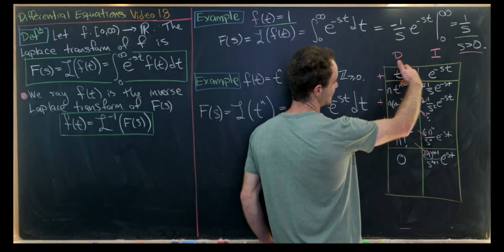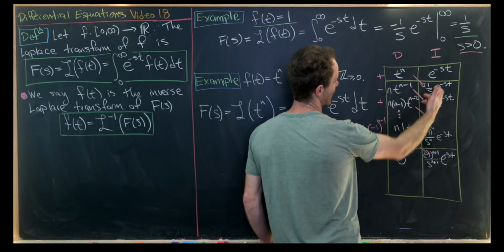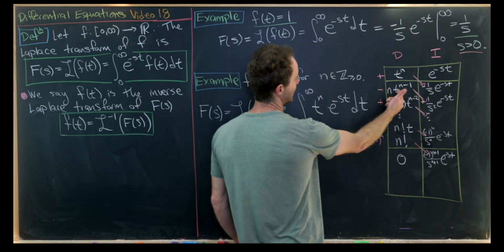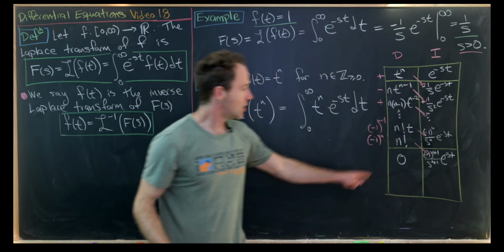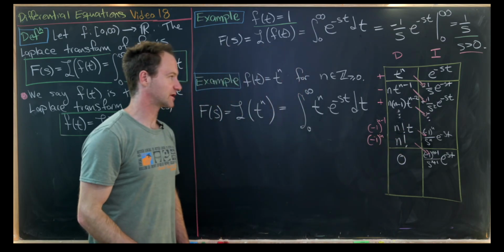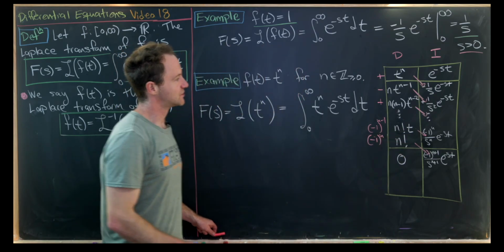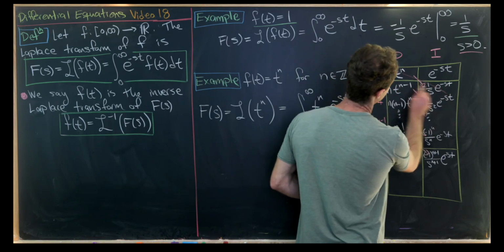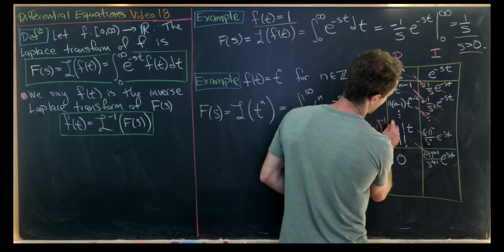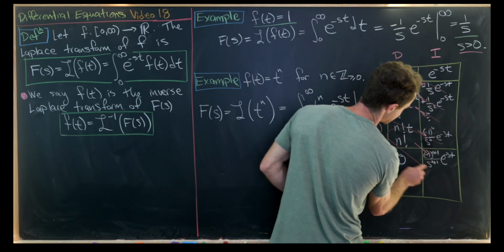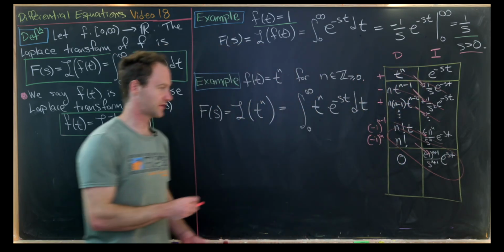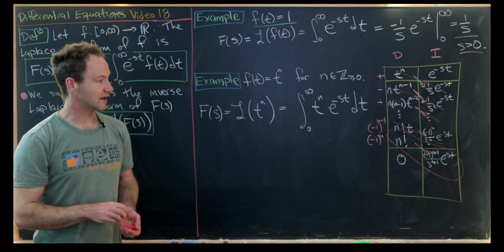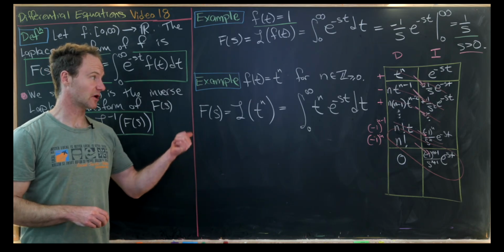We'll get it for this t to the n times 1 over s e to the minus st. We'll get it for the t to the n minus 1 term, all the way down to this n factorial times t term. So just to reiterate, all of these will cancel out up to there, and this is the only one that we're left with. Then we'll evaluate that at 0 and infinity.